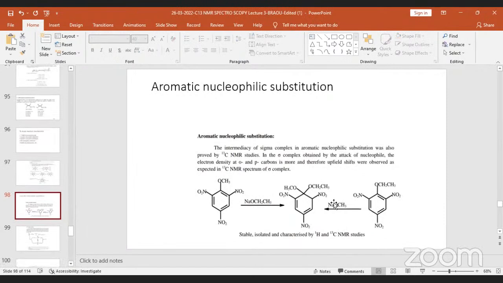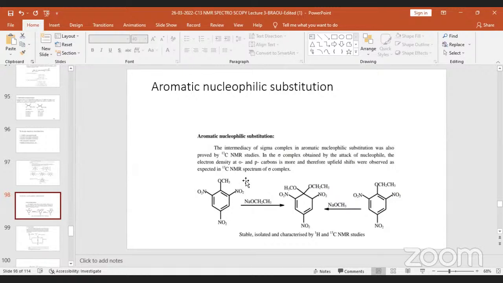See, for example, here you see trinitro, because an aromatic ring cannot undergo nucleophilic substitution reaction so easily because of the electron density in the aromatic ring. But by attaching electron withdrawing groups, the electron density is decreased.